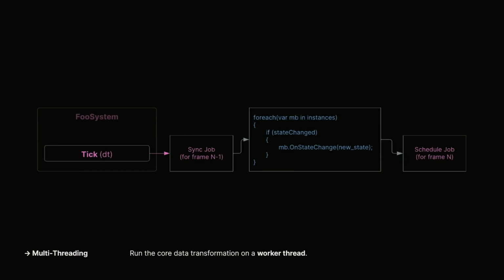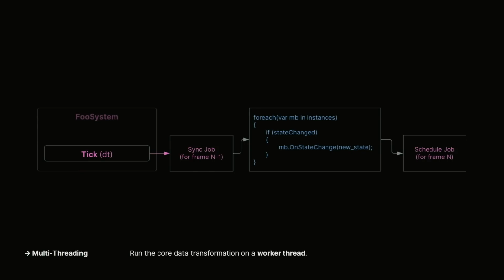After you synchronize it, after your data transformation is complete, then you can check whether the state has changed for the MonoBehavior instance and appropriately call the on-state change callback. And this is something where the job system is extremely useful. It has very, very accessible APIs to schedule a job and also to complete a job, to make sure that the job is completed before you execute any further code.